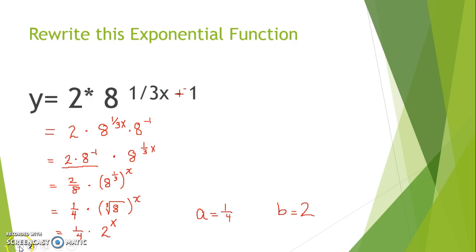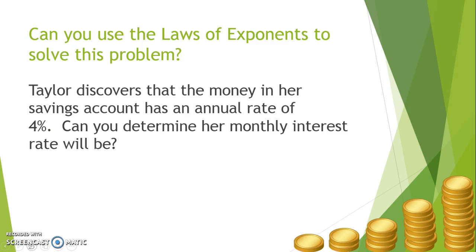Alright, and this does have a lot of real-world applications. Here is one example. Miss Taylor discovers that her money in this savings account has an annual rate of 4%. Can you determine her monthly interest rate? Well, if you think about it, if it has an interest rate of 4%, that means that Taylor's bank account is increasing by 1.04 every year.